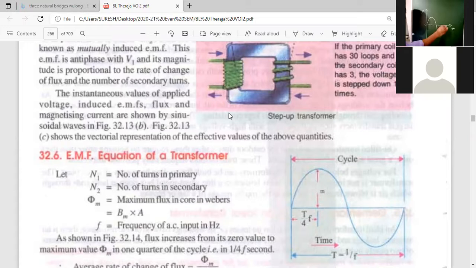I am taking one cycle. The total time period of one cycle is T. Draw the diagram.